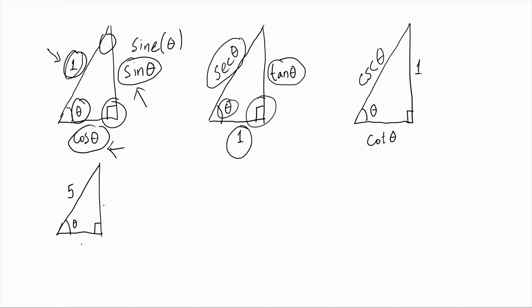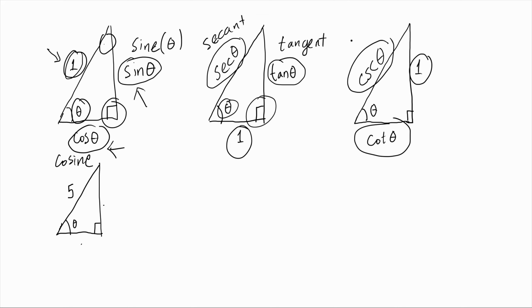These are abbreviations, but writing them out, we say tangent. This one, we say secant. For cosine, we say cosine. Similarly, over here, we have a similar triangle. And if we have a 1 in this position, then we call this side length the cosecant, and this one the cotangent. Notice that it's like a companion to this one, if you will.